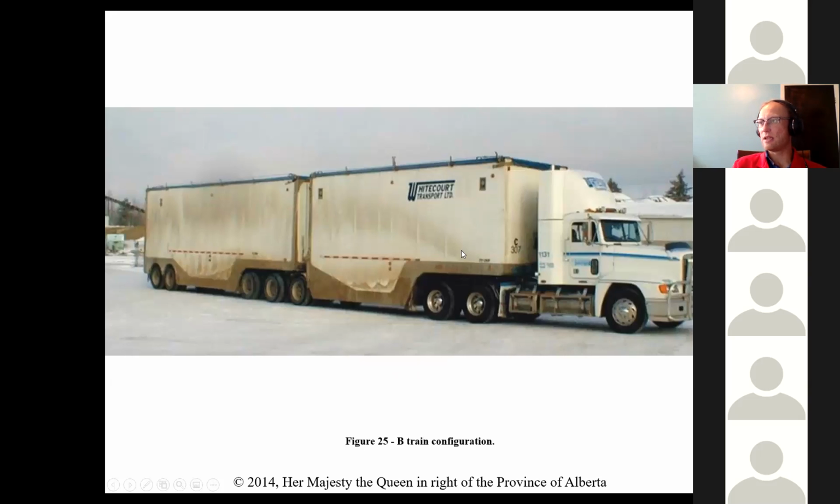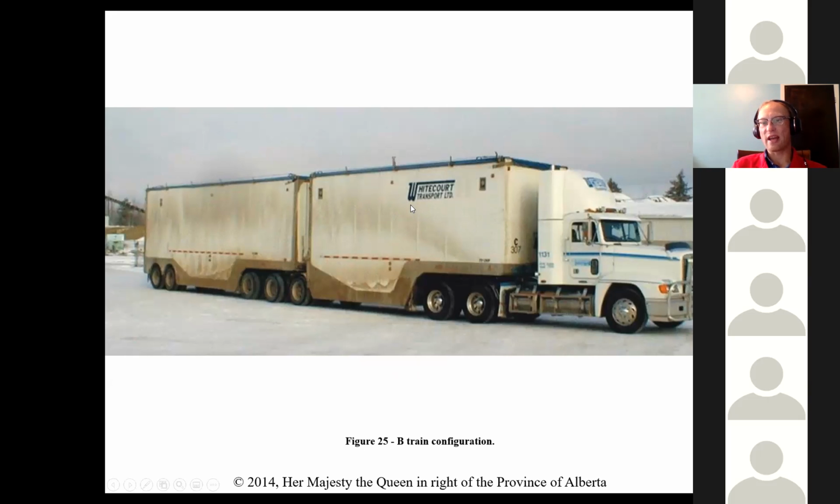So I bet some of you have seen chip trailers like this or something similar to this. These are just like those bulker garbage haulers that I was talking about. And they'd come in a B train configuration, or a Super B, they call them too.